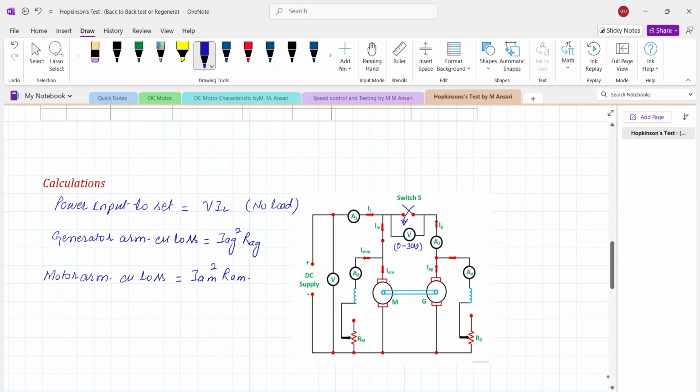Here the switch is closed. In this condition, whatever the power input is used to overcome the stray losses.